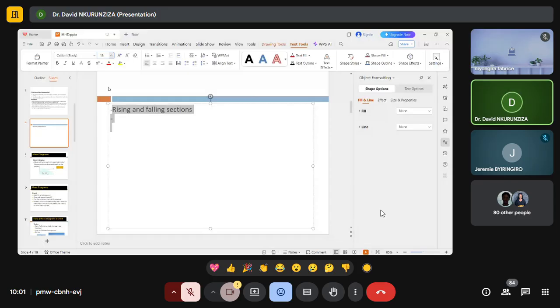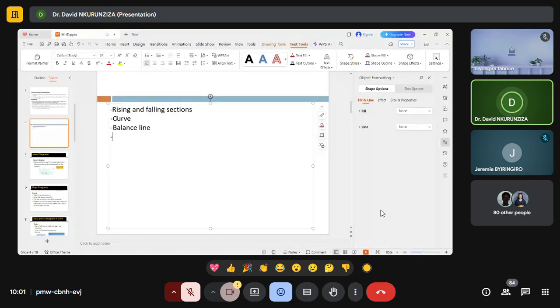The second key component of the mass haul diagram is the curve itself. Another key component is the balance line.